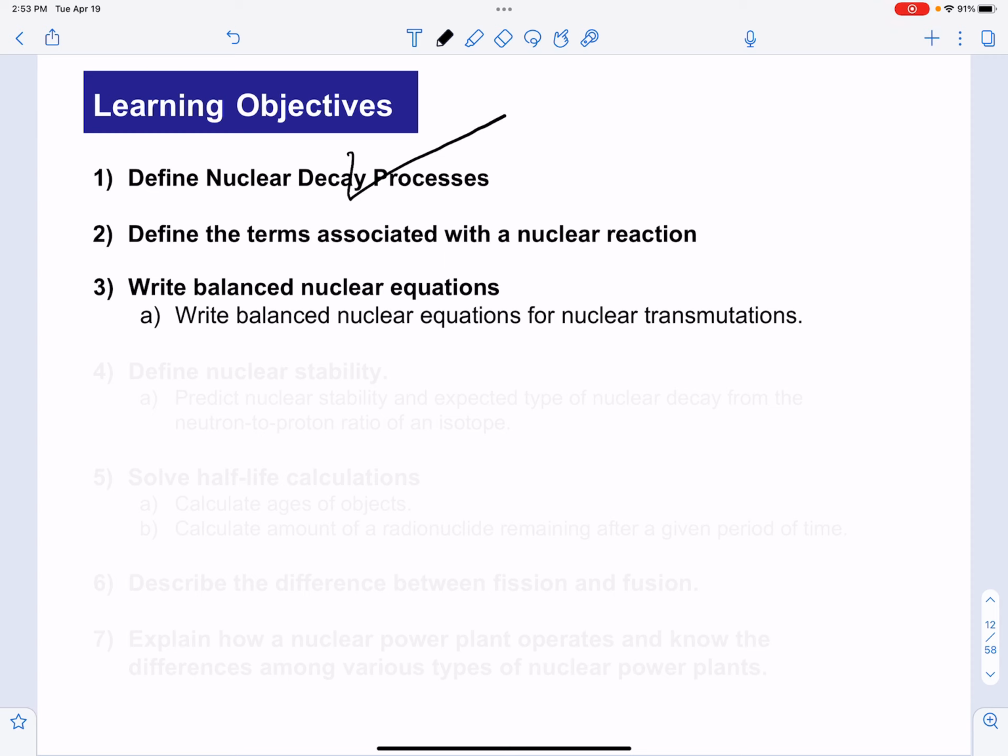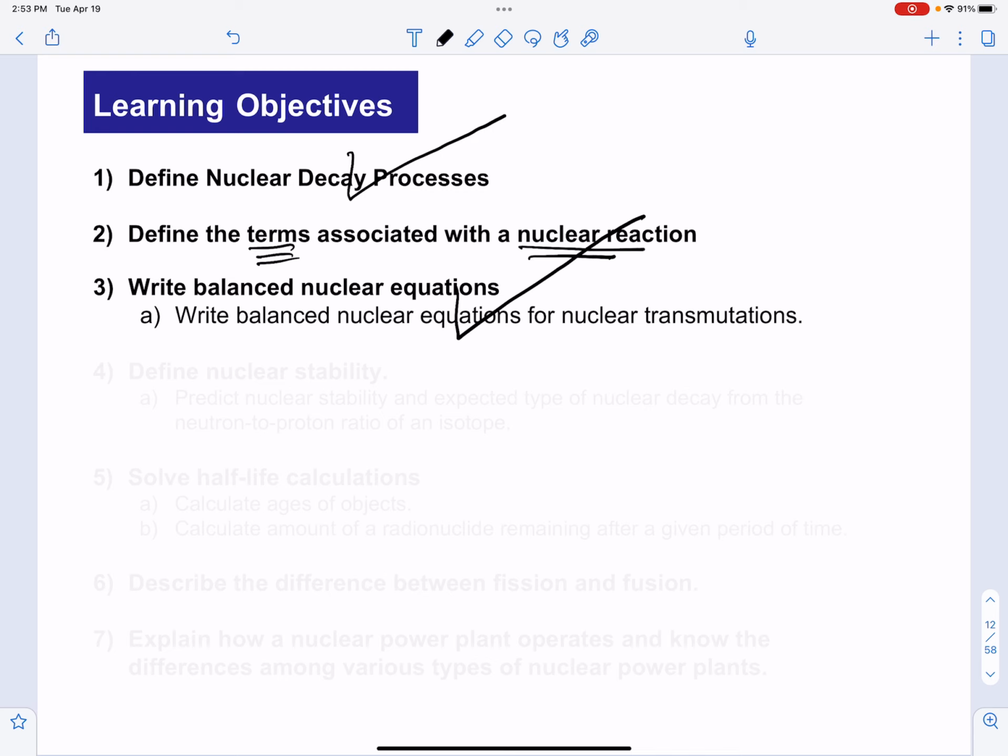So we defined a lot of terms associated with nuclear reactions. So make sure you review those. And you saw the basics of writing nuclear equations, which is very easy. You just have to be able to add and subtract using the periodic table to keep track of your atomic numbers and your mass numbers, and using the new particles that you just learned.